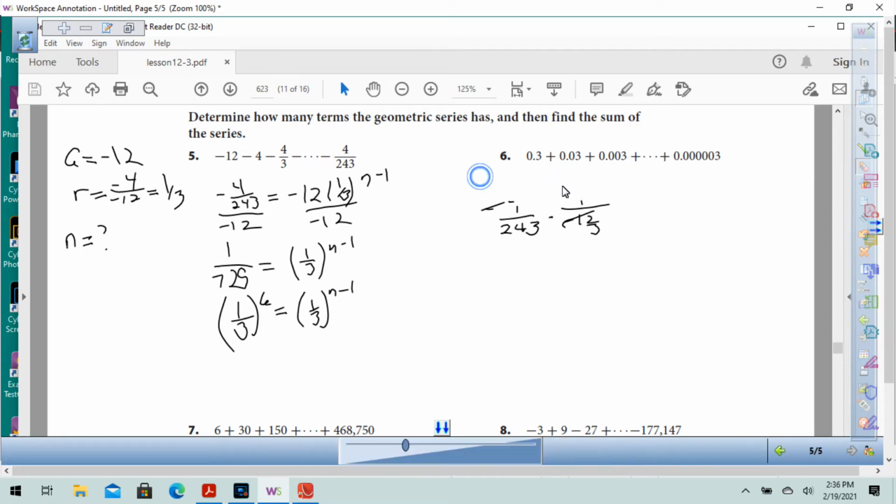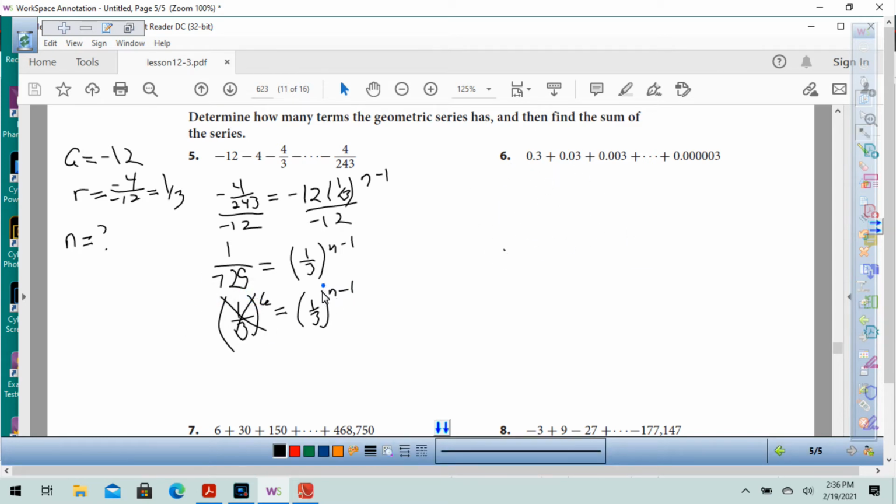Now that we've done that, we have the same base, so we can get rid of the bases. Welcome to algebra. 6 equals n minus 1, so 7 equals n. So now we can put a 7 in here. Now that makes it easy.